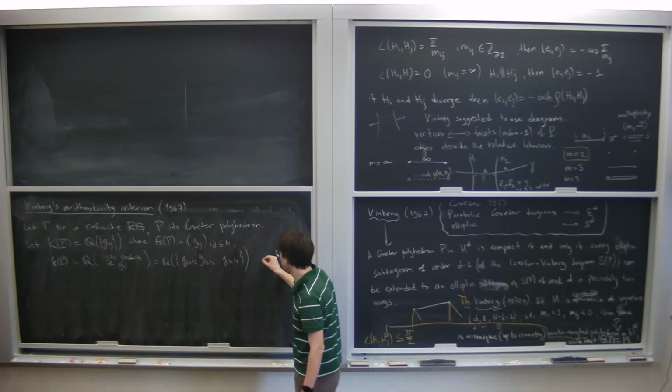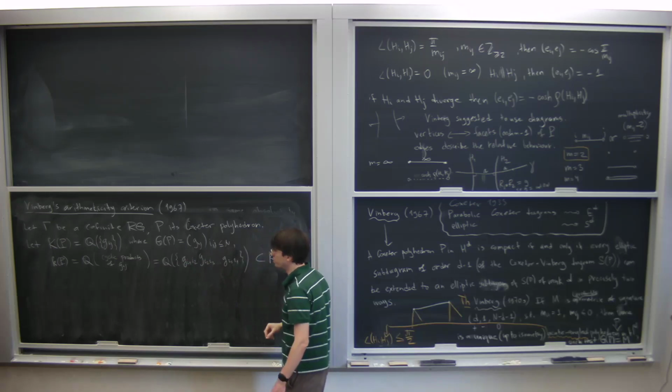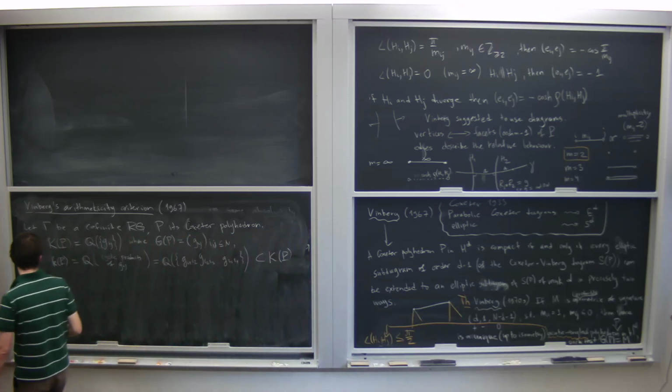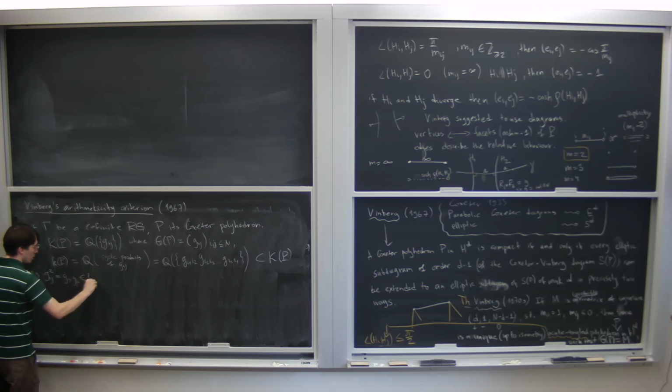So this is definitely a subfield of K(P). For instance, G_ij squared is included, but the G_ij in general are not, right? For instance, G_ij squared, which is G_ij times G_ji, since the matrix is symmetric, belongs to the field.